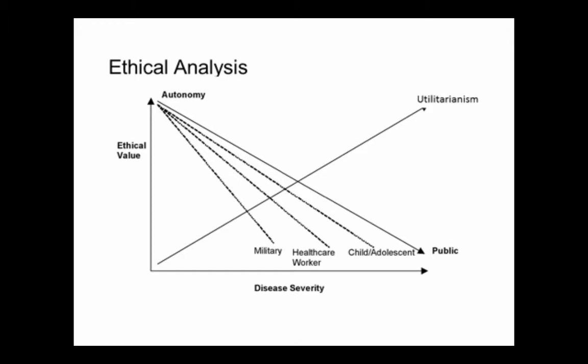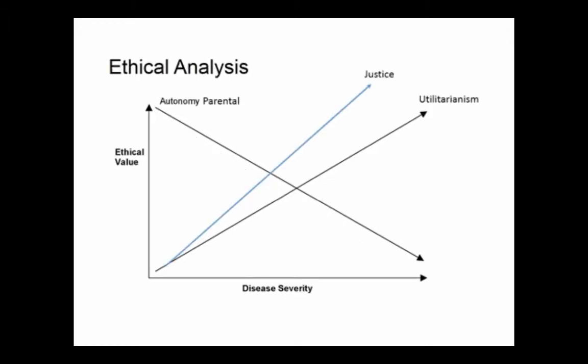This slide shows the graphical analysis of the HPV mandate, and we see that the three major ethical values include parental autonomy, social justice, and utilitarianism. And the point at which we intervene depends on the weight that we apply to these ethical values.